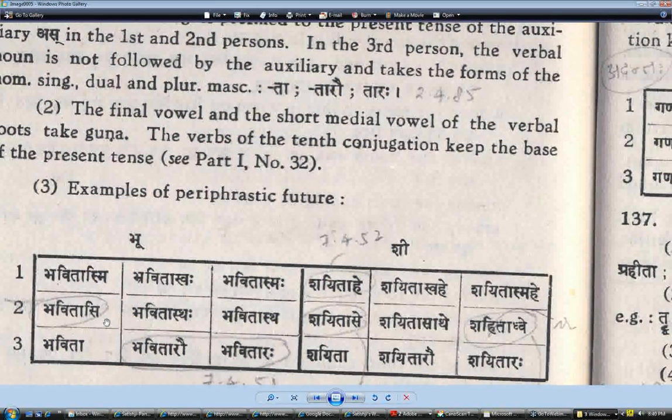And then as I said to you, the form which you get, bhavita, bhavitaro, bhavitaraha, shaita, shaitaro, shaitaraha, those same forms you get if you add the pratyaya trich. So like karta, kartaro, kartaraha. So it's just a coincidence. They are not derived by Panini in the same way at all. Completely different rules come over there. But as it turns out, the forms are the same.